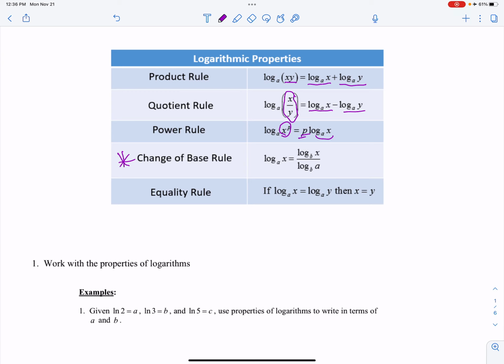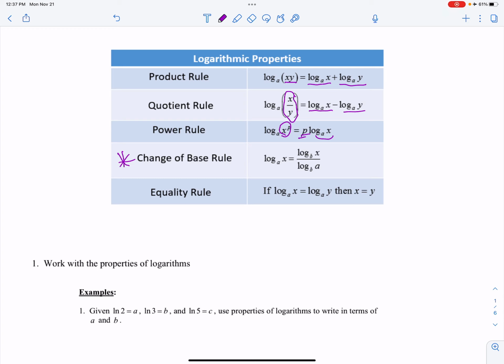Most commonly, we will be rewriting things to change their base to base 10 because that's easier for us. Most calculators work in base 10, so it's a lot easier for us to calculate using it. But especially with graphing, we want to see kind of what is happening on it.